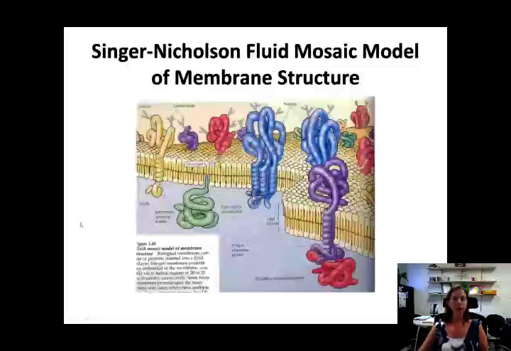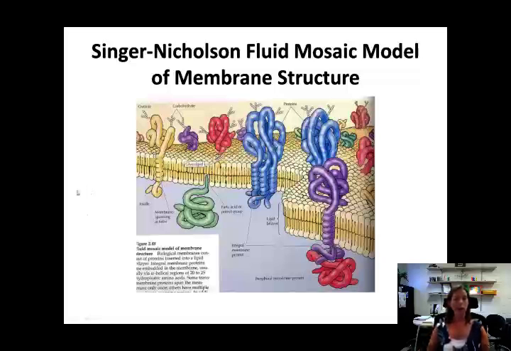And we'll slowly build how the Singer-Nicolson fluid mosaic model of membrane structure was established. So if you have taken a course that talked about cell biology before, you probably know a little bit about how this mosaic model illustrates the cell membrane.